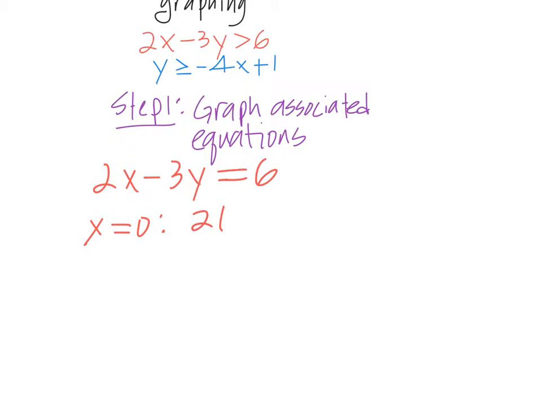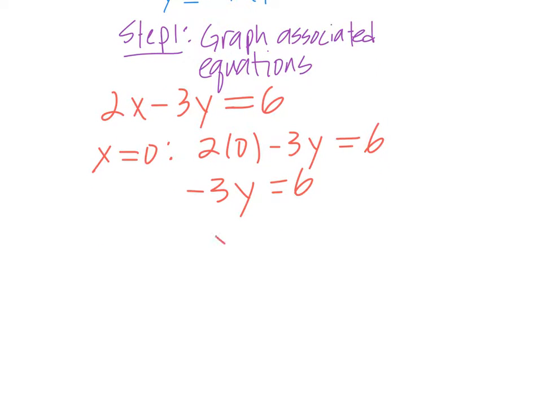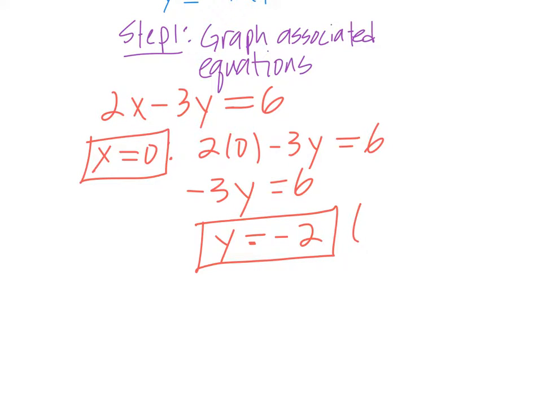So I have 2 times 0 minus 3y equals 6. 2 times 0 is 0, and 0 minus 3y is just minus 3y. So I have minus 3y equals 6. Divide both sides by minus 3, and I end up with y equals minus 2. So y equals minus 2 when x is 0, which is the coordinate (0, minus 2).